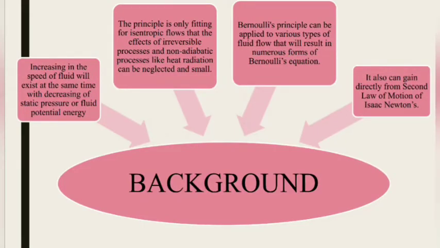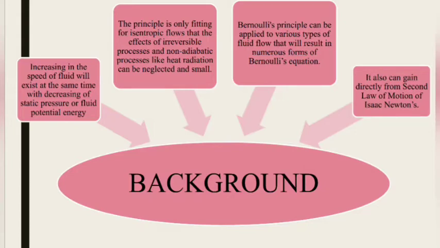Bernoulli's principle specifies that an increase in the speed of fluid occurs at the same time as a decrease in static pressure or fluid potential energy. It was named after Daniel Bernoulli, who published his book in 1738 titled Hydrodynamica.